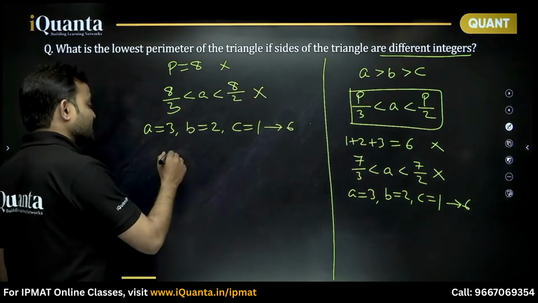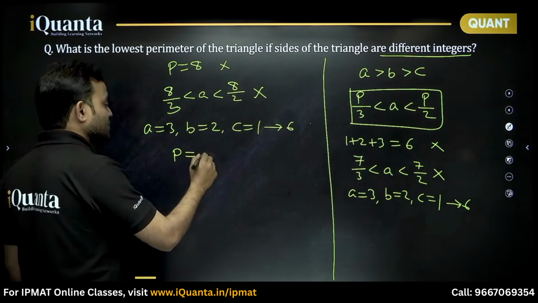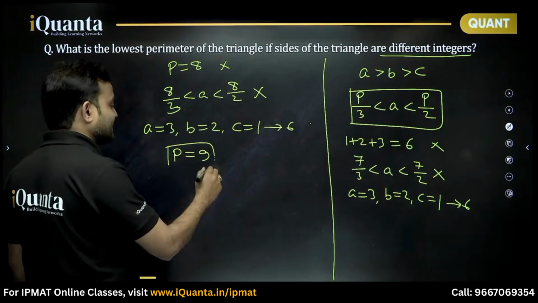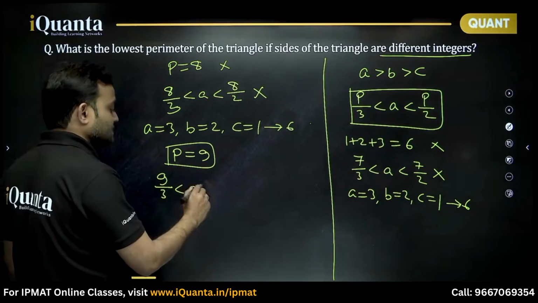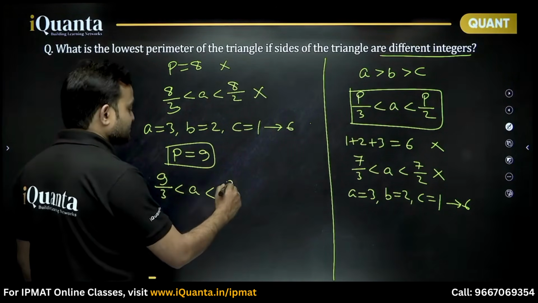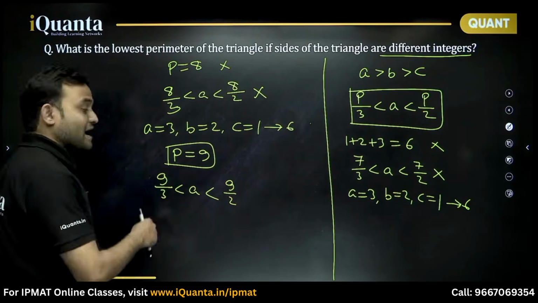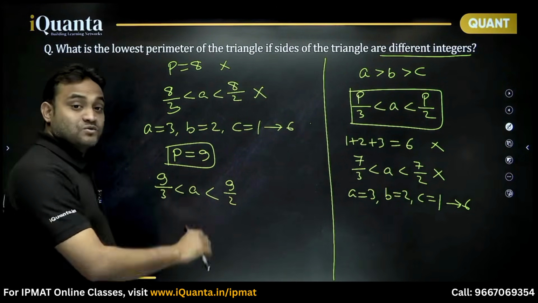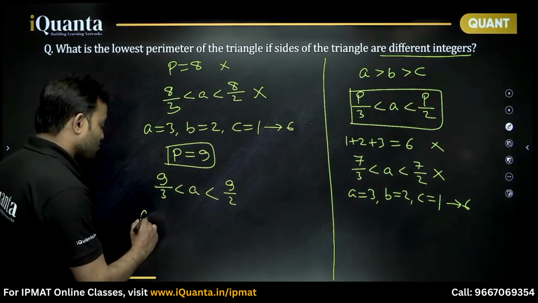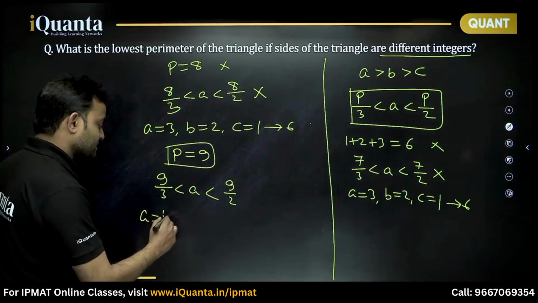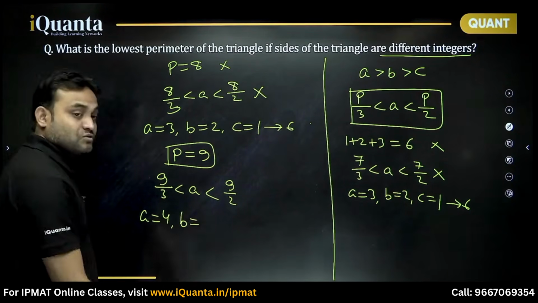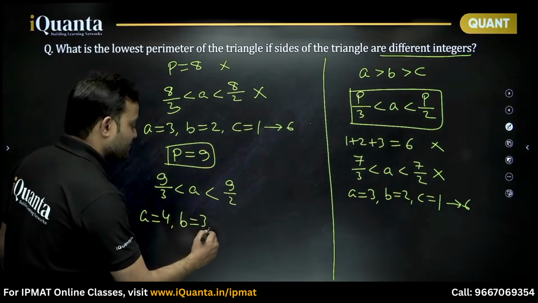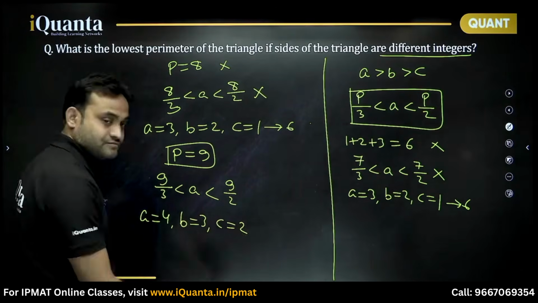But if we take p is equal to 9, in that case the greatest side a must be greater than 9/3 and must be less than 9/2. 9/3 is 3, 9/2 is 4.5. So the only value for a that we get is 4. If a is 4, we can take b is equal to 3 and we can take c is equal to 2.